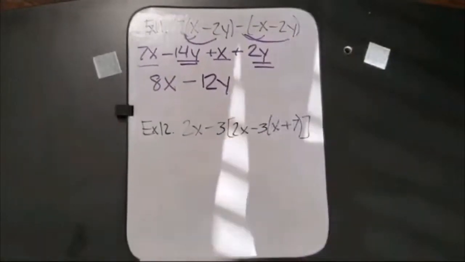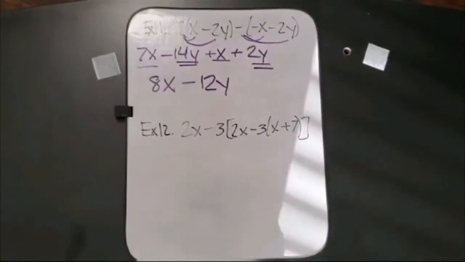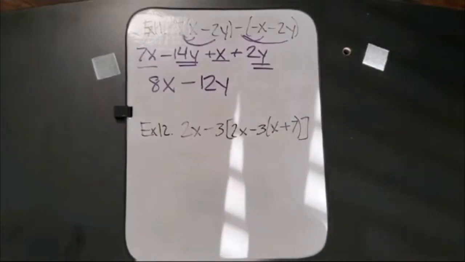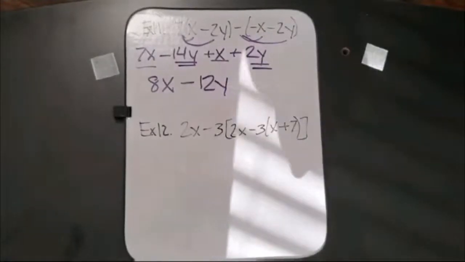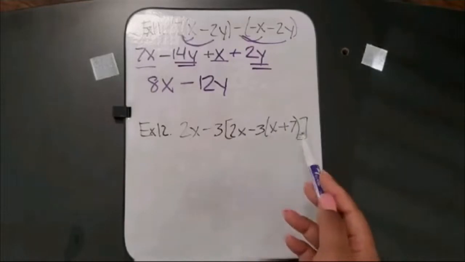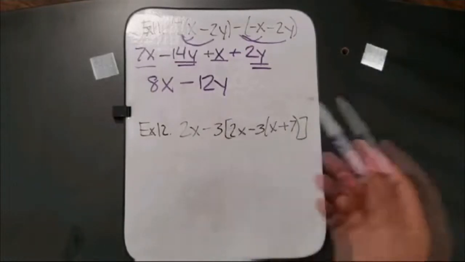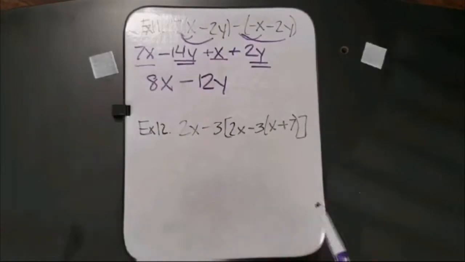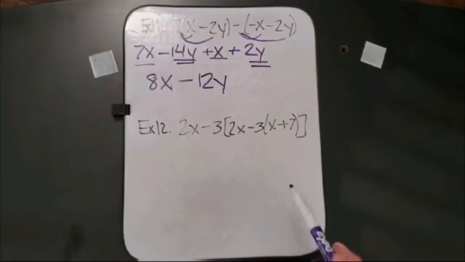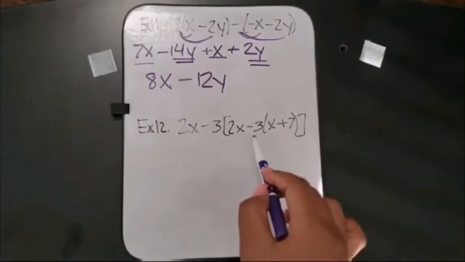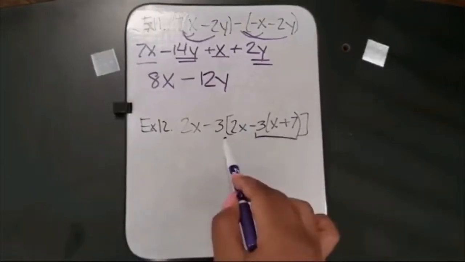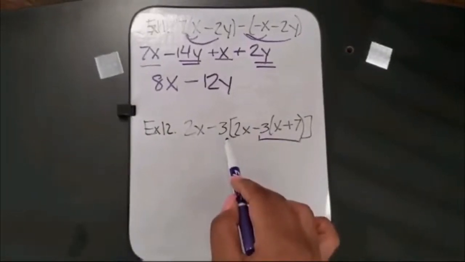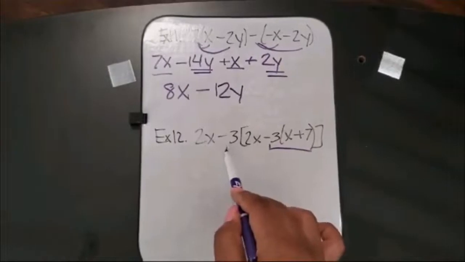For example 12, this one we have even more stuff going on. We have some parentheses, some brackets, all of this. So remember, we still have to do our order of operations. So we're going to start here, then we're going to work our way out.